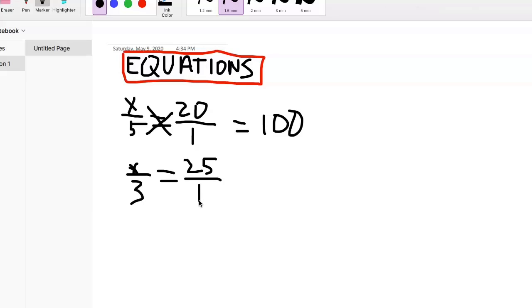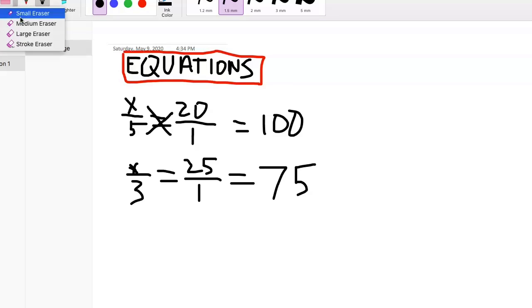So x times 1, 1x, just like we did before. 3 times 25 is 75. There we go. So that's kind of how you do those. Not too bad, really.